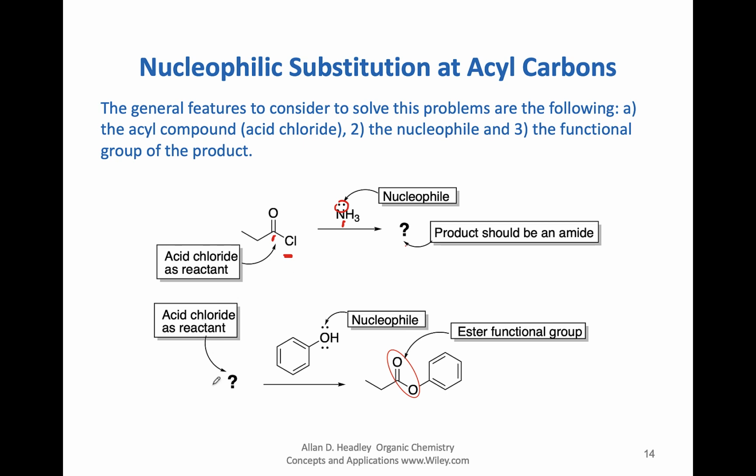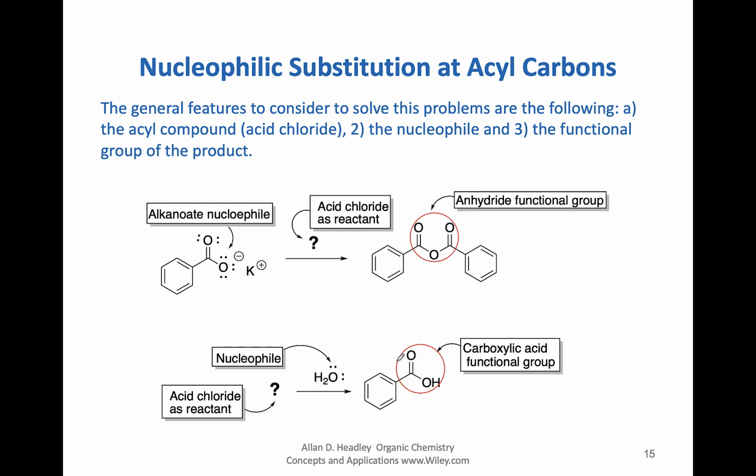The reactant here, we don't know what it is, but at least we recognize this to be the nucleophile, and this is the nucleophilic atom oxygen. Here's the product though. It's an ester, which means that this portion here is coming from our nucleophile, so the acid chloride should look more like right here. Let's look at the other two. Same analysis. Here is our product.